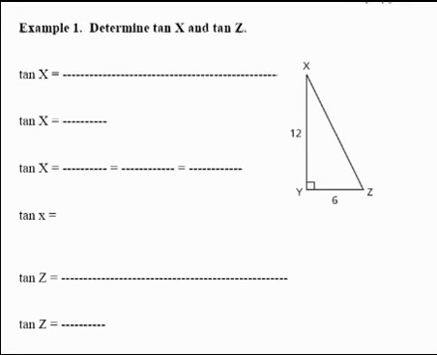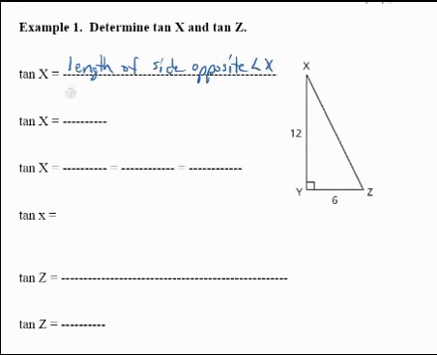Determine tan x and tan z in this triangle. So tan x equals the length of side opposite angle x divided by the length of side adjacent to angle x.